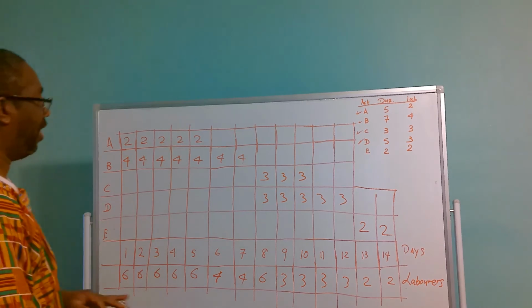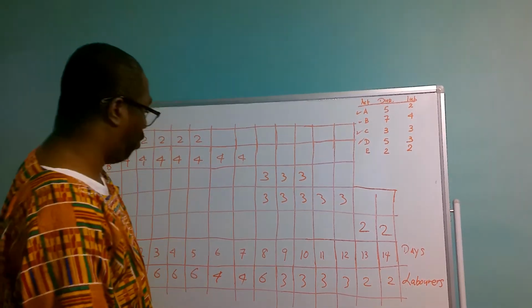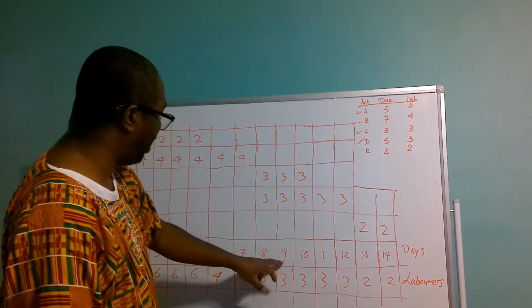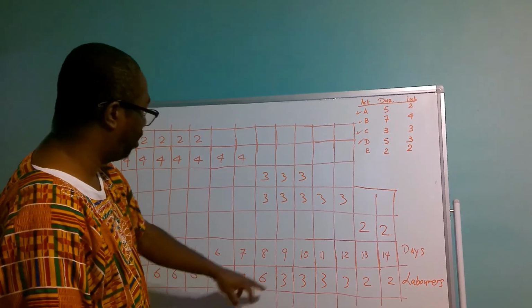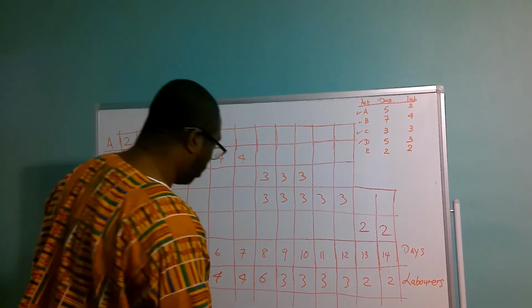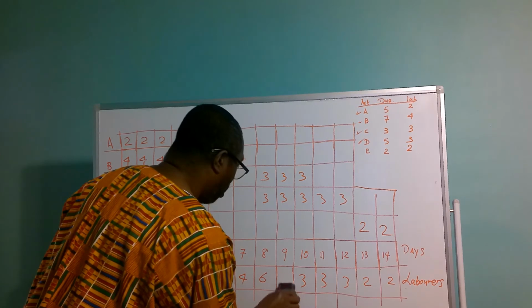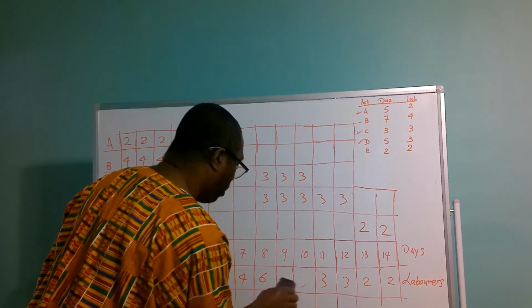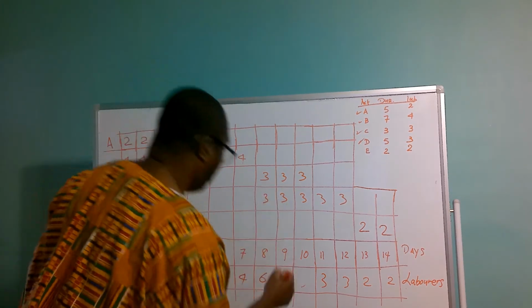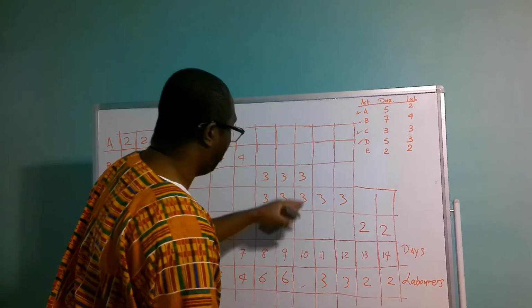And then the labor force for day 9 and 10 will increase to 6, because this is going to be 3 and 3. So 3 and 3 is 6.